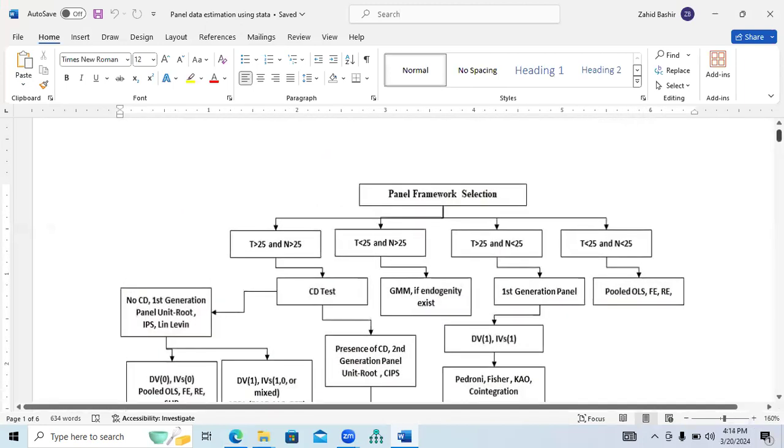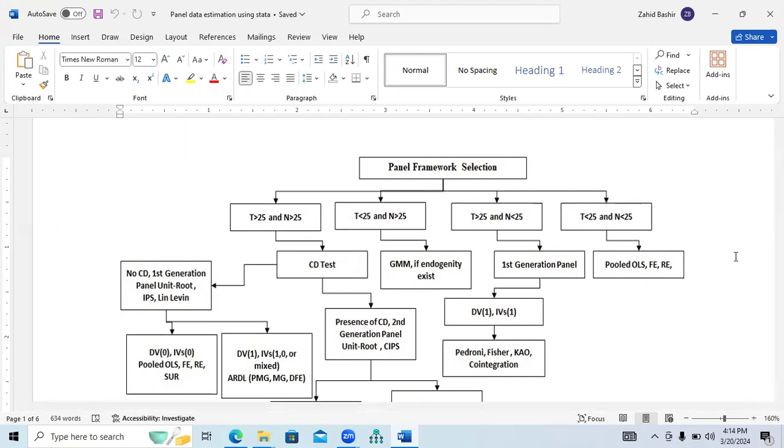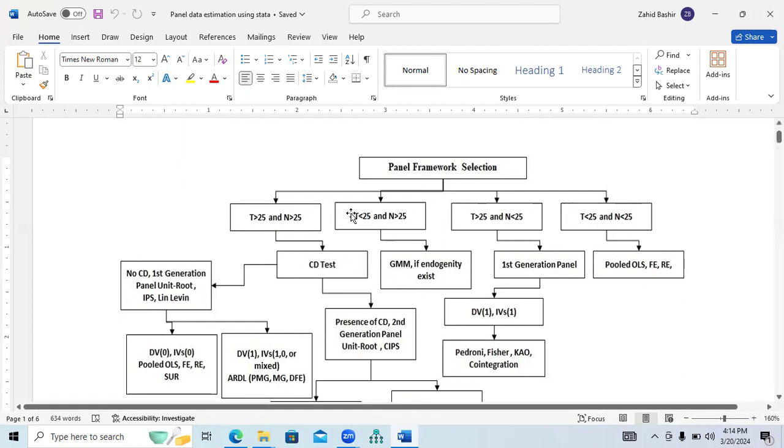So first of all, you need to understand this particular framework in order to understand how you are going to apply the panel data analysis. At first, you need to understand the first row of rectangles.